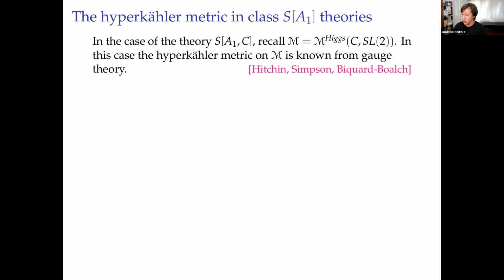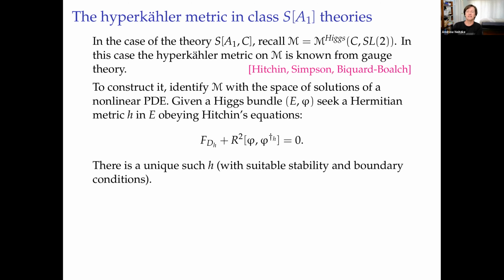It was known before from gauge theory, work of Hitchin, Simpson, and in the wild puncture case, Biquard and Boalch. But I just want to indicate how you construct this metric in practice. What you do is you take this nice algebraic space that I described for you, the moduli space of Higgs bundles, and you have to identify it as the space of solutions of a certain nonlinear partial differential equation on the surface.